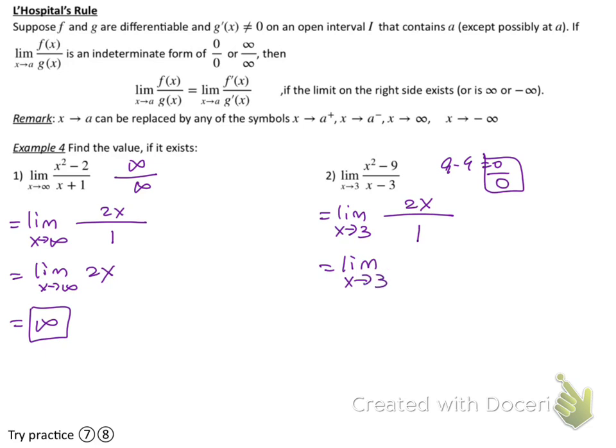So this time I also have 2x, and plugging in 3 gives me 6. Same answer, but much easier. You don't need to do all the divisions here, remember we divided x top and bottom, or the factoring here.